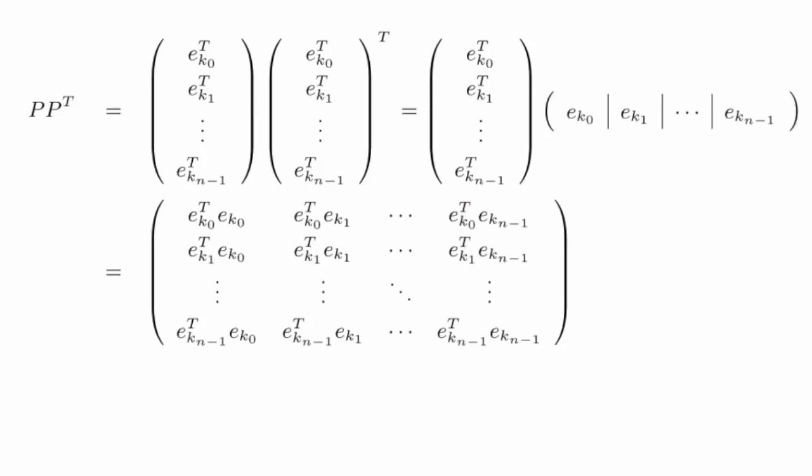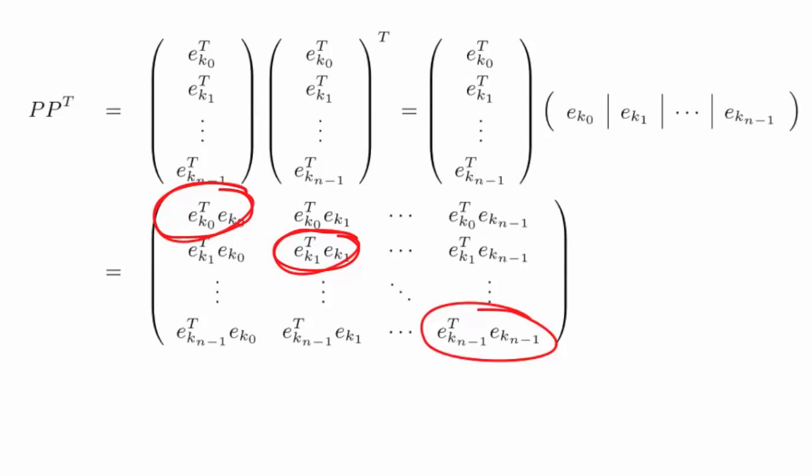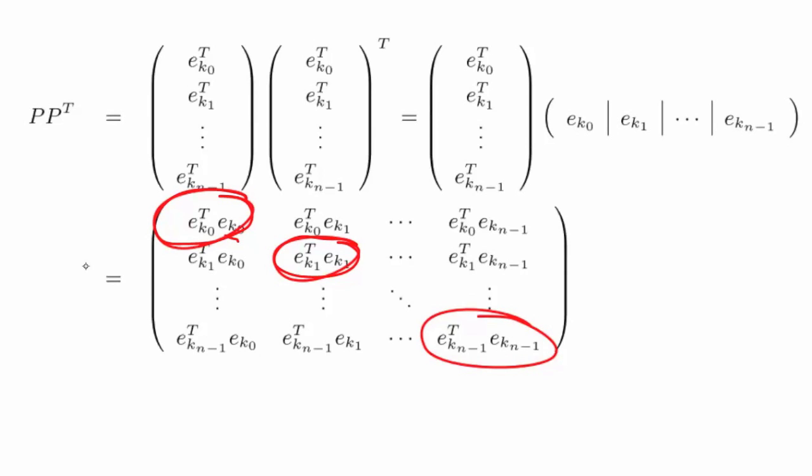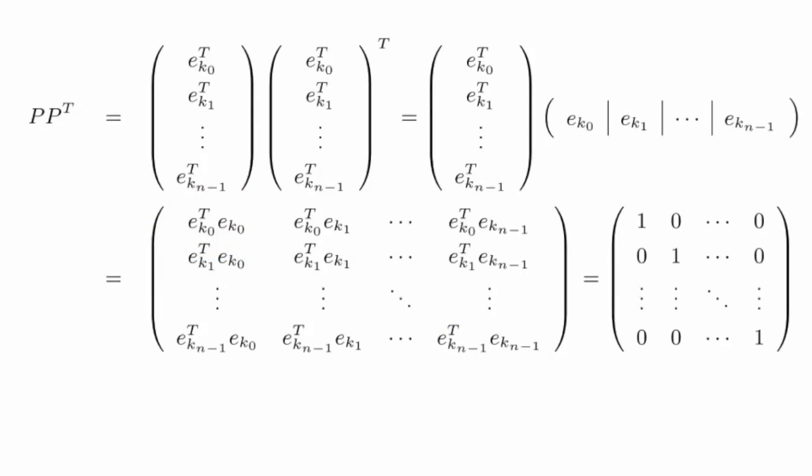And if you multiply all of that out, then you get all of this, and you recognize that the elements on the diagonal are all equal to 1, and all of the elements on the off diagonal are equal to 0, because the inner product of two unit basis vectors that are not the same unit basis vector is 0. And therefore we get the identity.